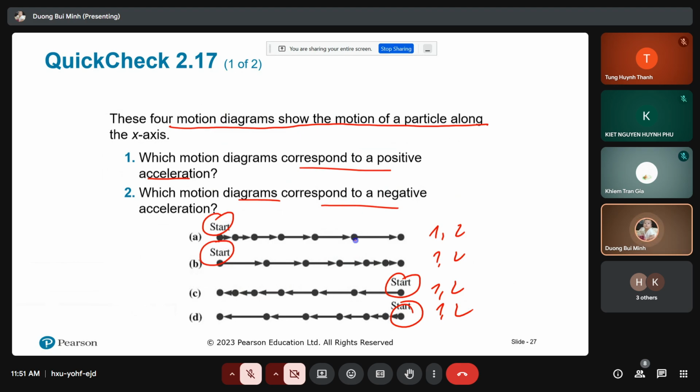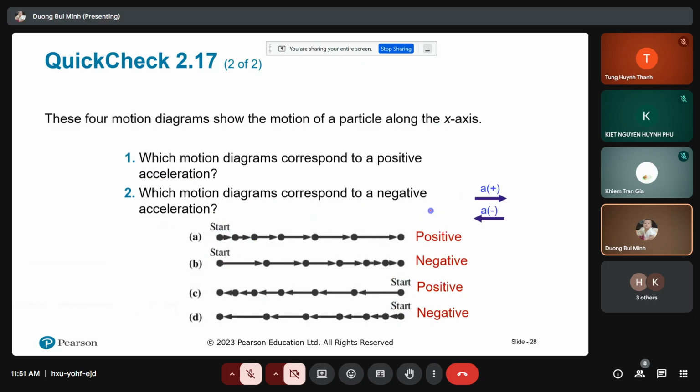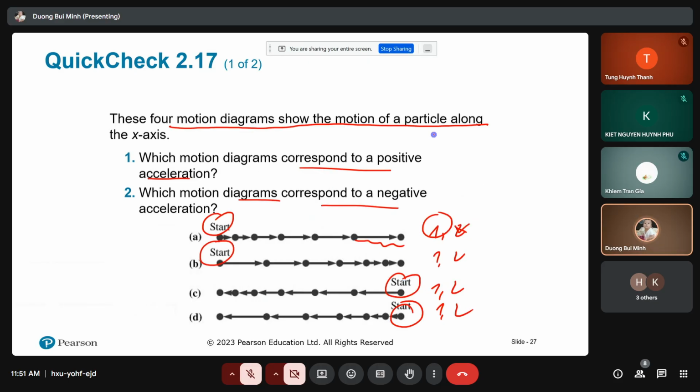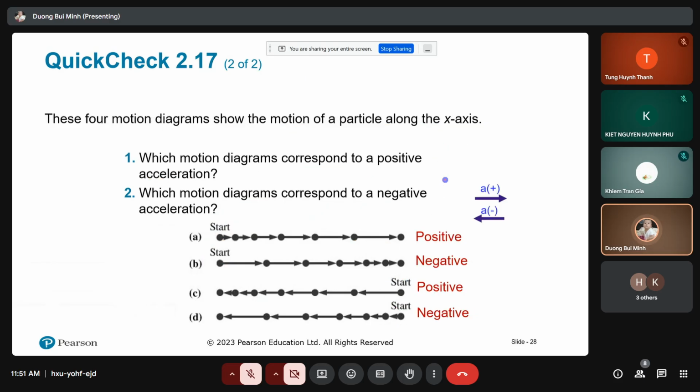This one, the distance increases, so that means positive acceleration, so here should be one. Two is negative. Continue. Here, you start here, and after some time you stop, so the distance decreases. That means acceleration will be negative.